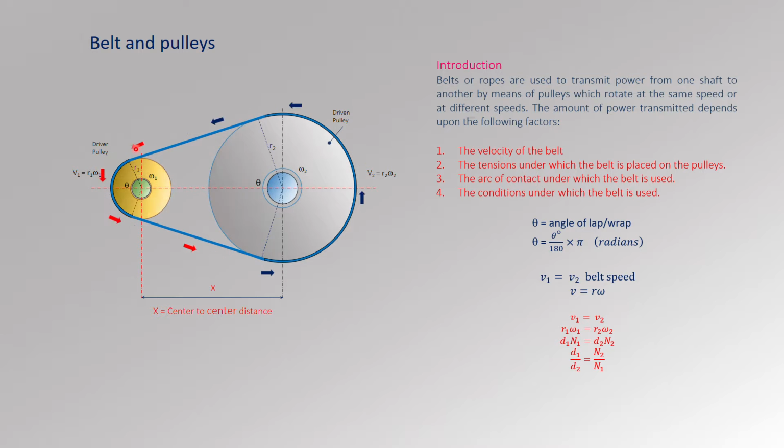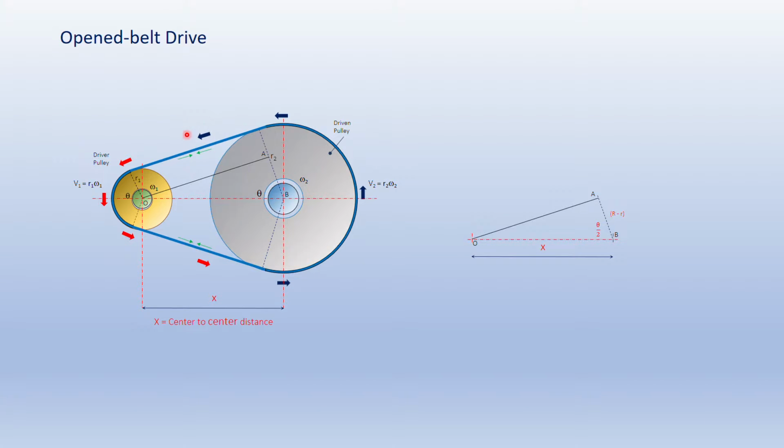These arrows here show you the tangential velocity of the belt, which is equal to V equals R omega. Now, the next part is to teach you how to find theta, the angle of lap.